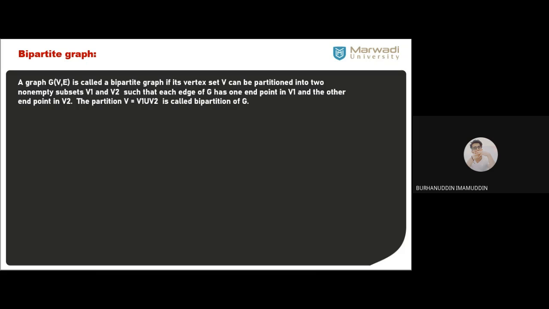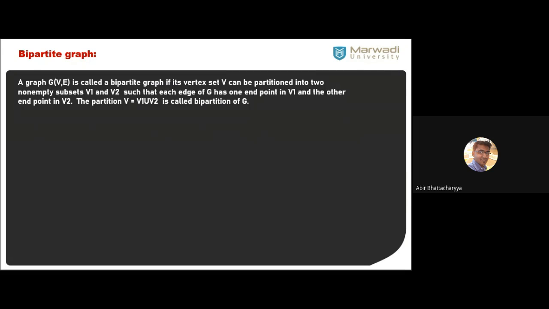Thanks. So next definition, note it down: bipartite graph. A graph G(V, E) — G is the notation of the graph, V is the set of vertices, E is the set of edges.